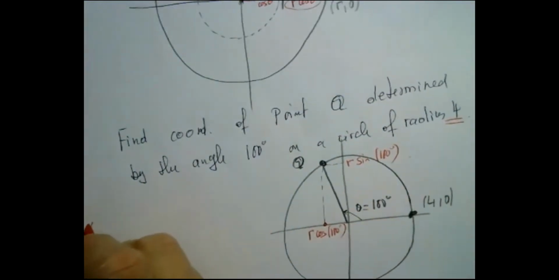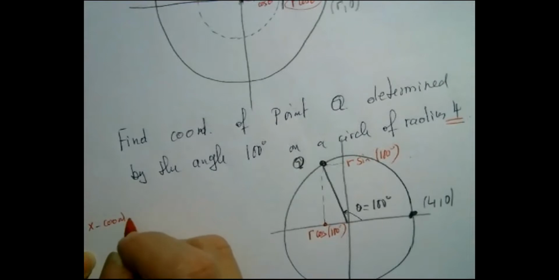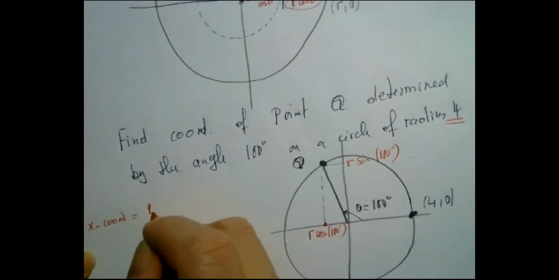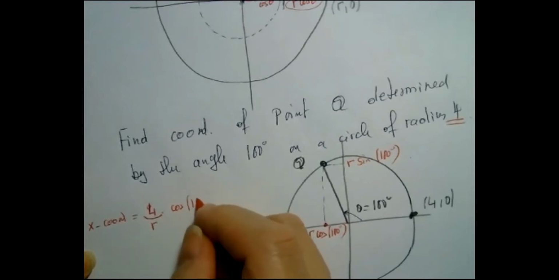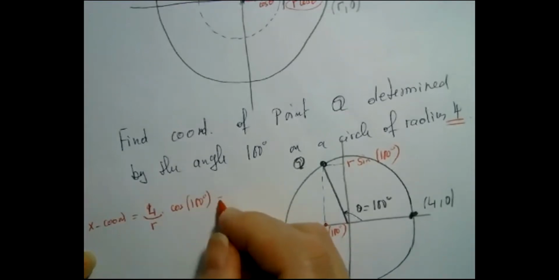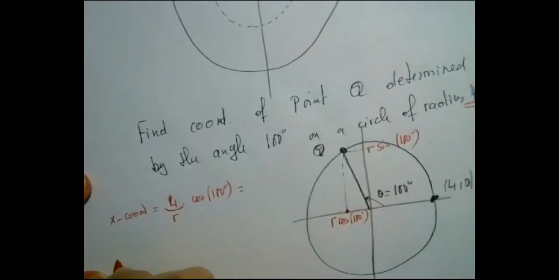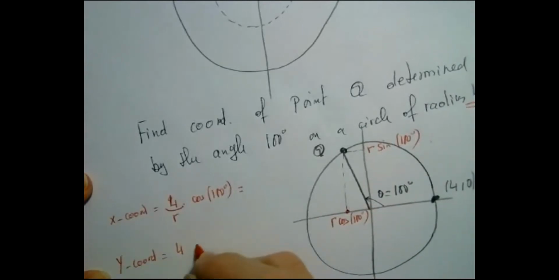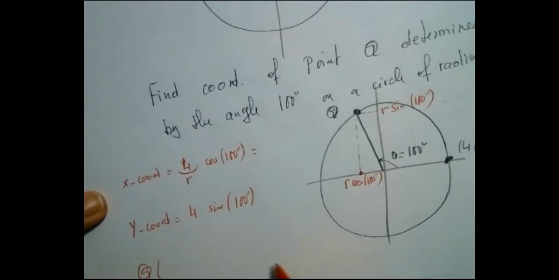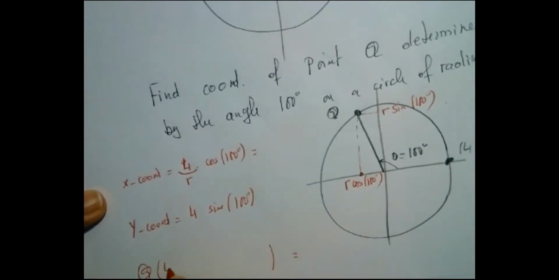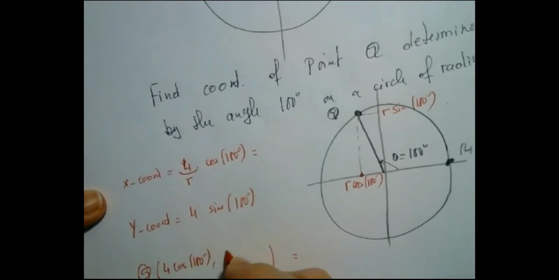So now the x coordinate is r, which is 4, times the cosine of 100, and we will find it with a calculator. The y would be 4 times the sine of 100. So the point Q, I write it clearly and then I plug the values into my calculator. That's the easy part.